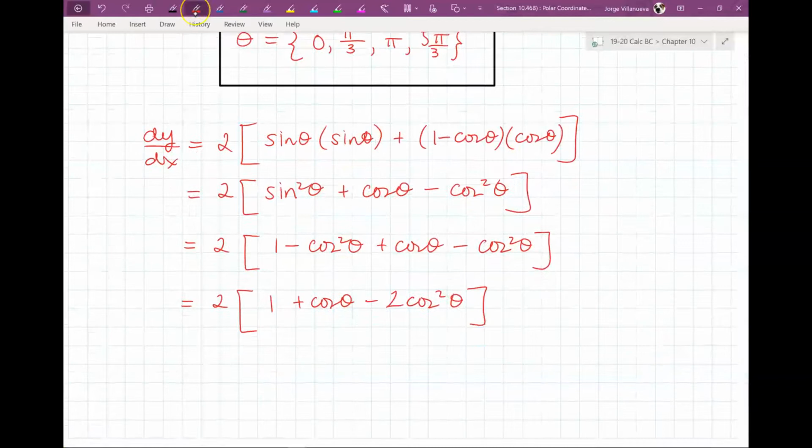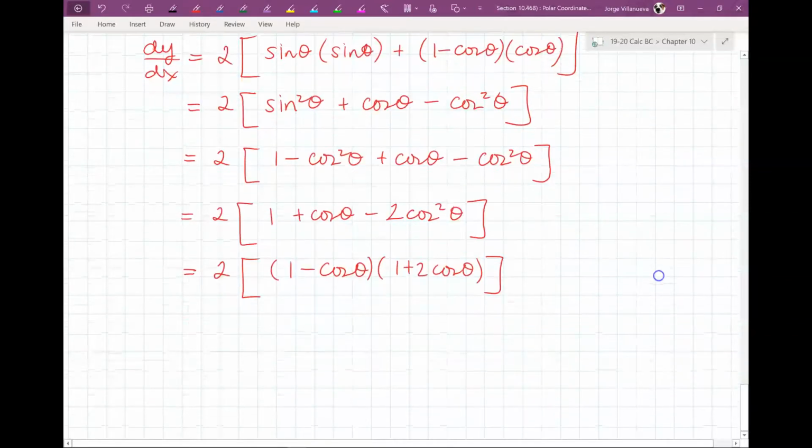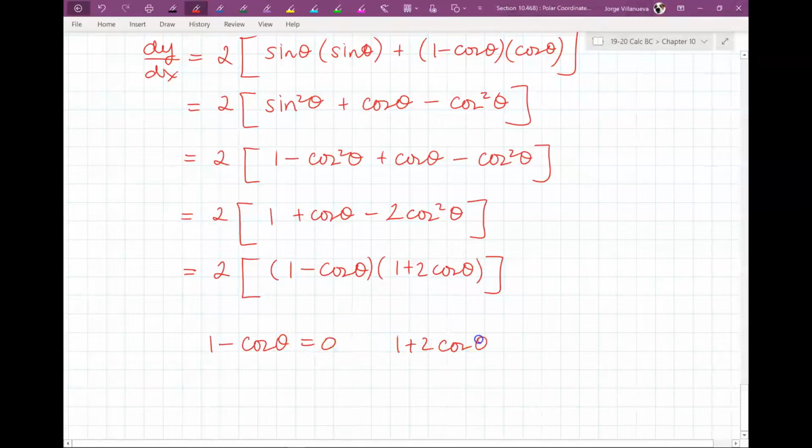All right, so what we're going to do is factor. So this will be 2 times, and 1 plus cosine theta minus 2 cosine squared theta will factor into 1 minus cosine theta times 1 plus 2 cosine theta. Now, if you set this equal to 0, we just set the 1 minus cosine theta equal to 0 and the 1 plus 2 cosine theta equal to 0. So that means cosine theta equals 1, or cosine theta is equal to negative half.